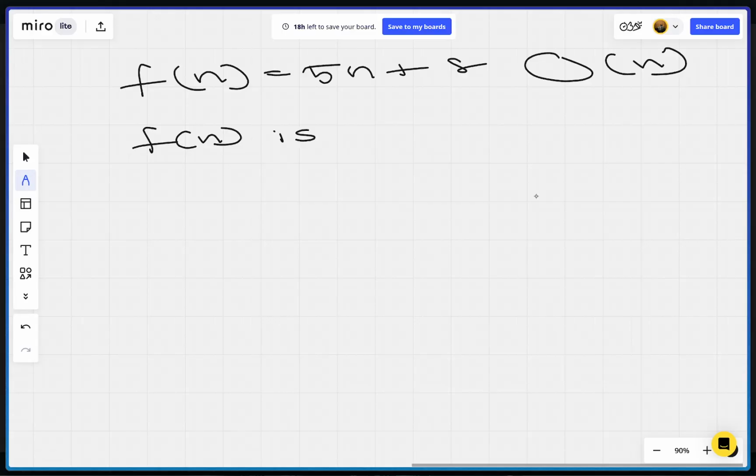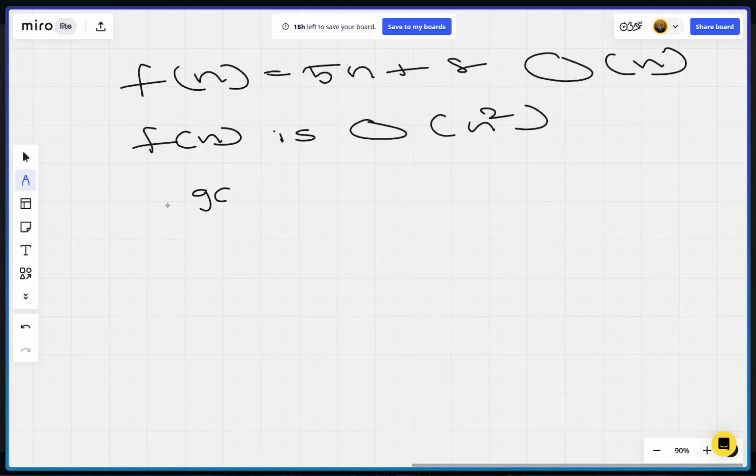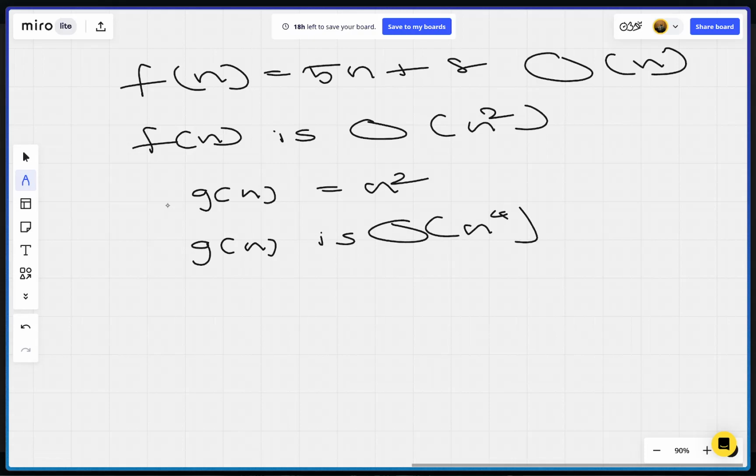We can say f(n) is O of n squared as well, because n squared is greater than n, it's also valid. So in this scenario, g(n) is n squared. We can say g(n) is O of n to the 4. You can use n cubed as well. It's also correct. So this one is correct.